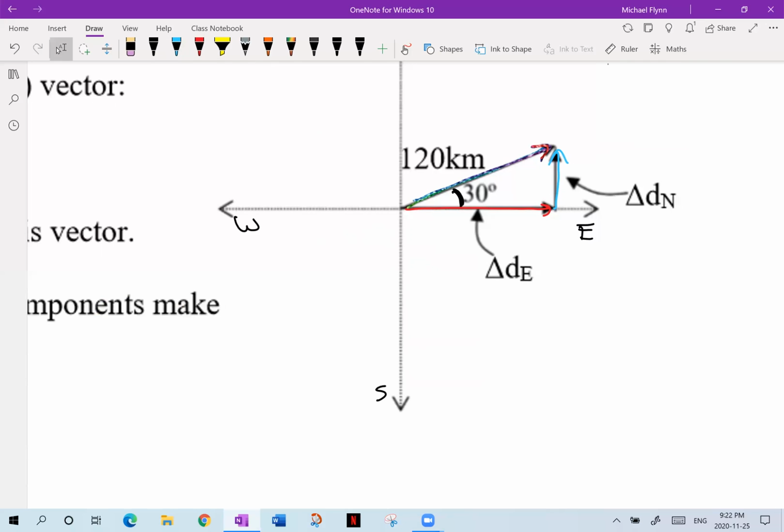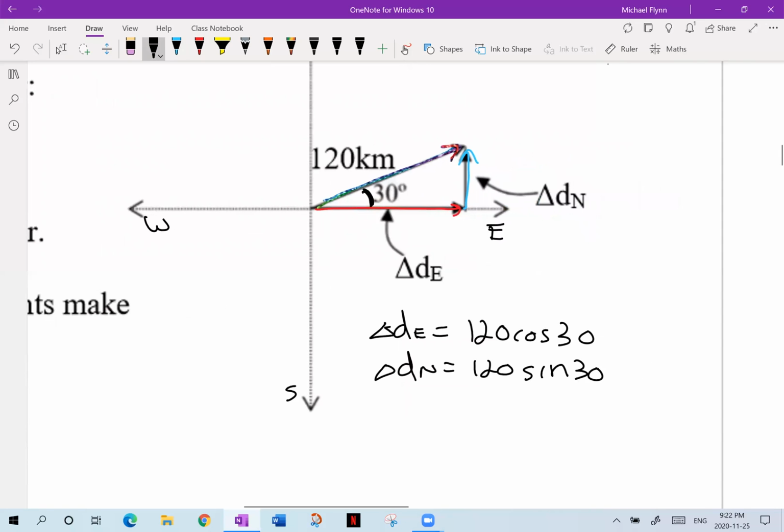Well, because we know that cosine of theta would equal the east component divided by 120, we can find the east component, and I know I've written this somewhere else, but I'm just going to write it here for you because you're watching this video trying to summarize. This east component is going to equal my original vector times the cos of 30, and the north component will be the original vector, which is 120, times the sine of 30.